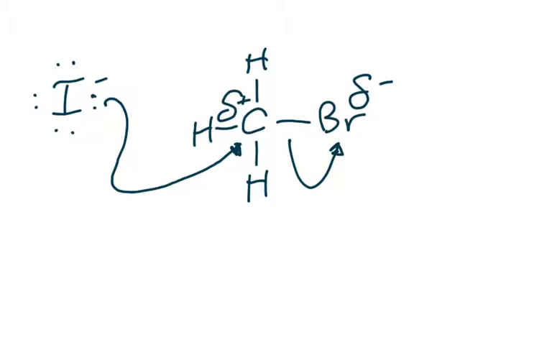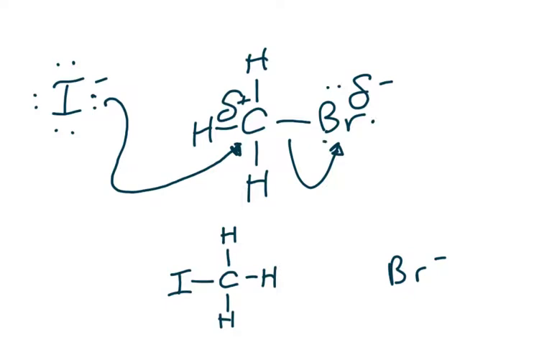So those electrons are going to both go off with bromine. And we're going to get our product, which is CH3I, or iodomethane, right? And we're going to have a Br minus hanging around somewhere here. And those extra electrons are going to be there. So originally bromine had 3 lone pairs and 1 bond, and that was 8. Now bromine has a complete octet, no bonding, no sharing, all by itself.